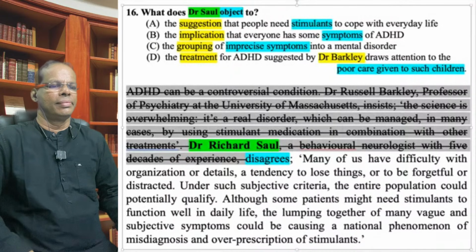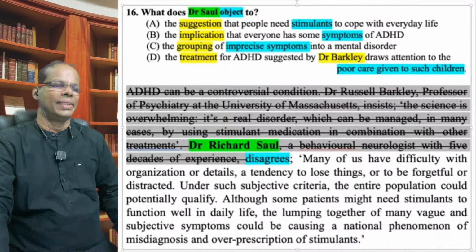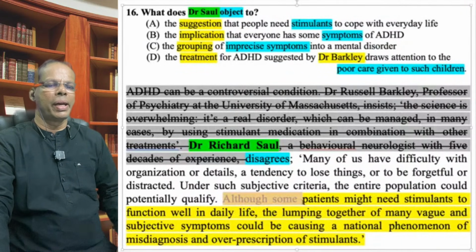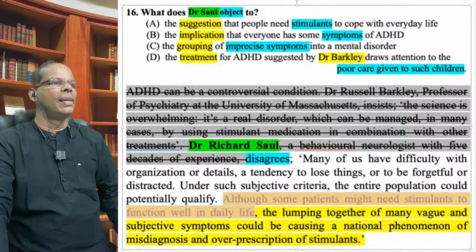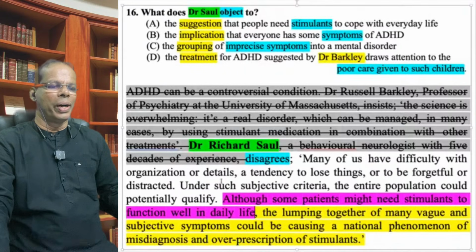Although some patients might need stimulants to function well in daily life, that is the dependent clause. The clue is the comma: whatever comes before the comma in a complex sentence is the dependent clause, which is not as important as the independent clause. Now this is the independent clause.